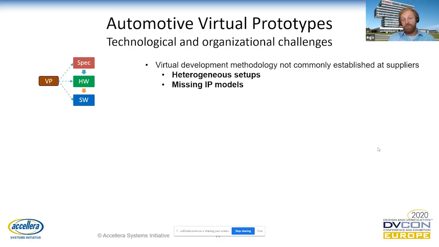But alongside these more technological parts, there's even a bigger part on the organizational side. So the picture on the left shows the classical design flow from spec over hardware to software. And now when you are attaching a VP to that game, the VP team will need to have interactions with all the different design disciplines in that existing world.